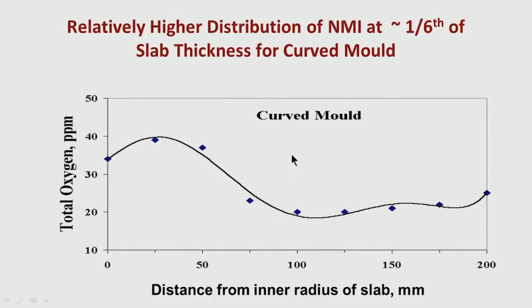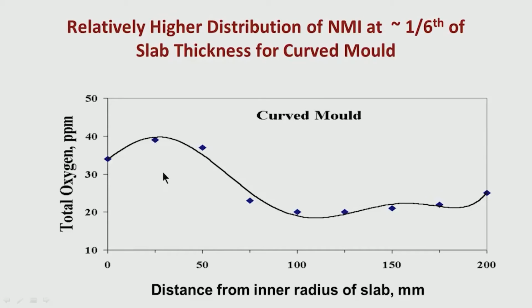Whenever you are rolling that slab, this surface at the inner radius will have more defects, and more defects will be exposed when you are doing hot rolling or finally cold rolling of these slabs.